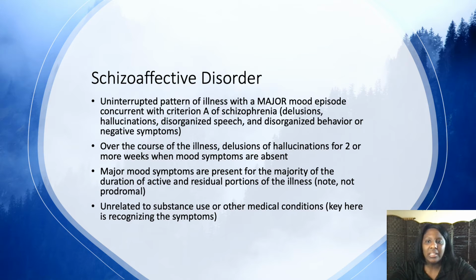By contrast, in depressive or bipolar disorder with psychotic features, the psychotic features primarily occur during the mood episode. So that's the difference. We're talking about the time where the psychotic features are present and the time where the mood symptoms are present. Because a relative proportion of mood symptoms to psychotic symptoms can change over time. In some cases, the diagnosis might actually need to change.